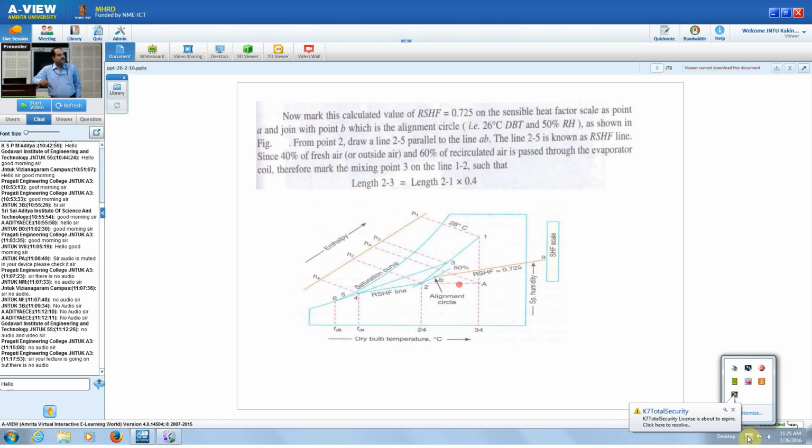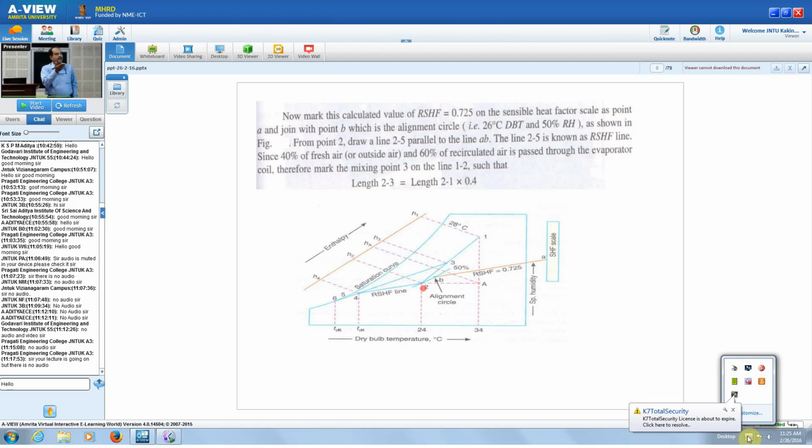Now, from the point 2, I think you have the point 2 on the psychrometric chart. From the point 2, draw a line parallel to AB. Already AB is there, I think you know AB.